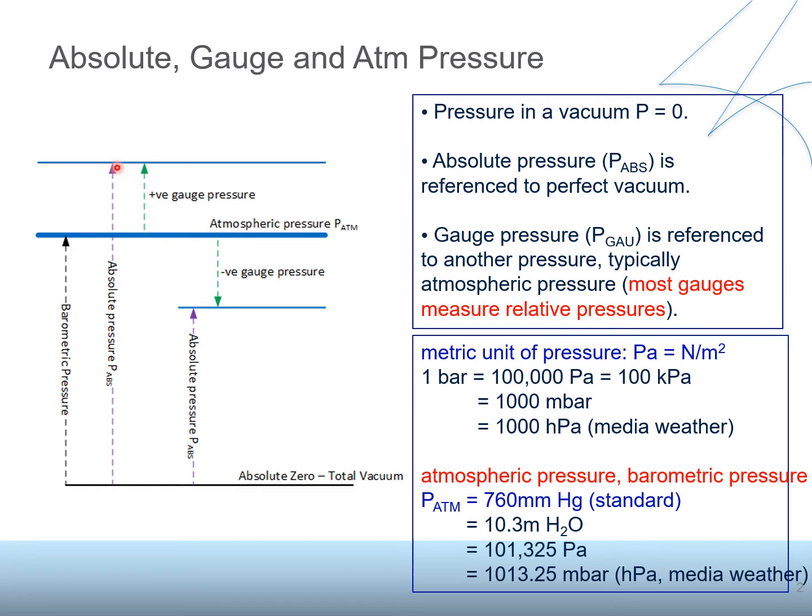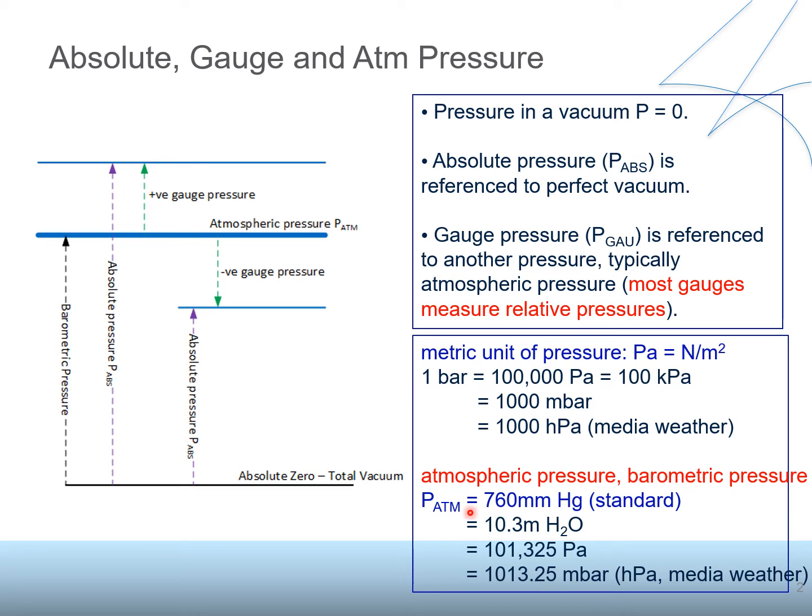Similarly, if the pressure is at this point, that means more than atmospheric pressure, then that will be positive gauge pressure, and absolute pressure is from here to this point. So gauge pressure plus the atmospheric pressure gives us the absolute pressure. And this atmospheric pressure is also called barometric pressure.